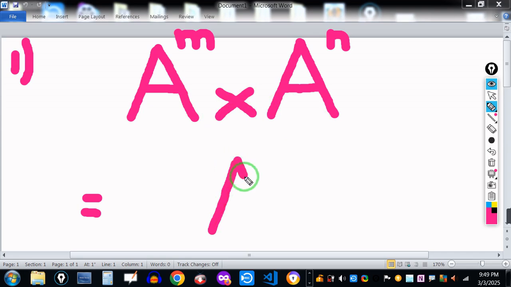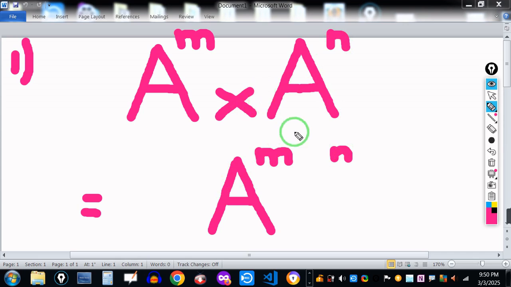What is the simplification? The first power will come back in the first position here. Left hand side, left hand side. Now right hand side, the second power here will come over here. Just turn like this, 90 degrees only.